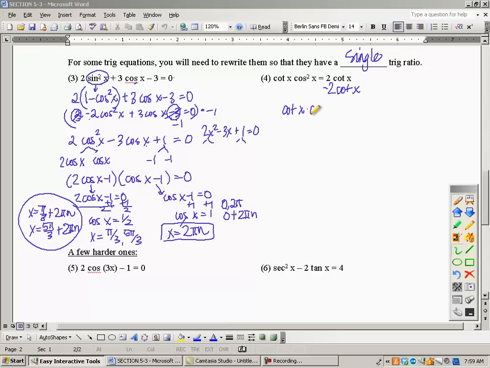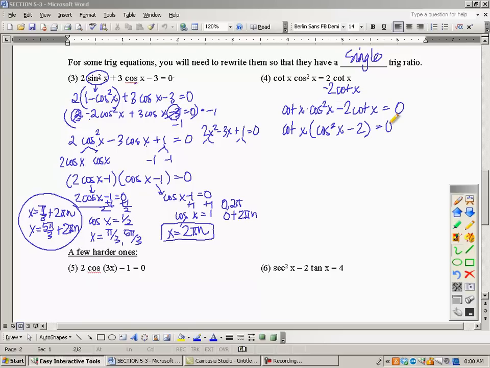So the cotangent times the cosine squared minus 2 times the cotangent equals 0. All right, as I look at this, what I notice is I have a cotangent in common. So I'm going to pull the cotangent out, and I'm left with cosine squared minus 2 equals 0.